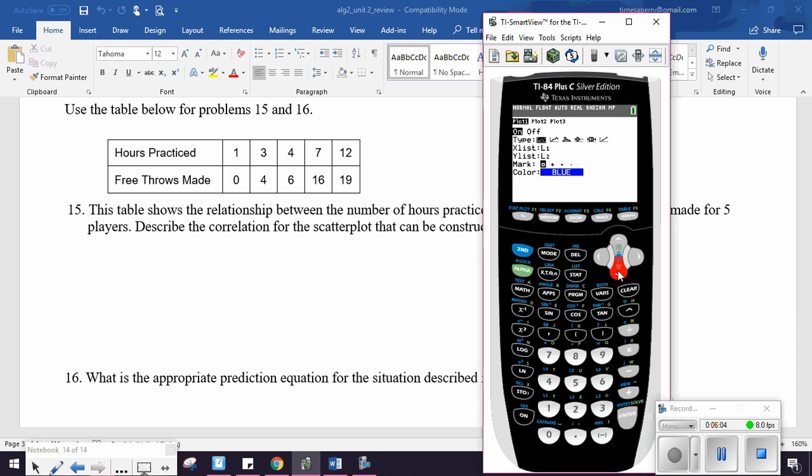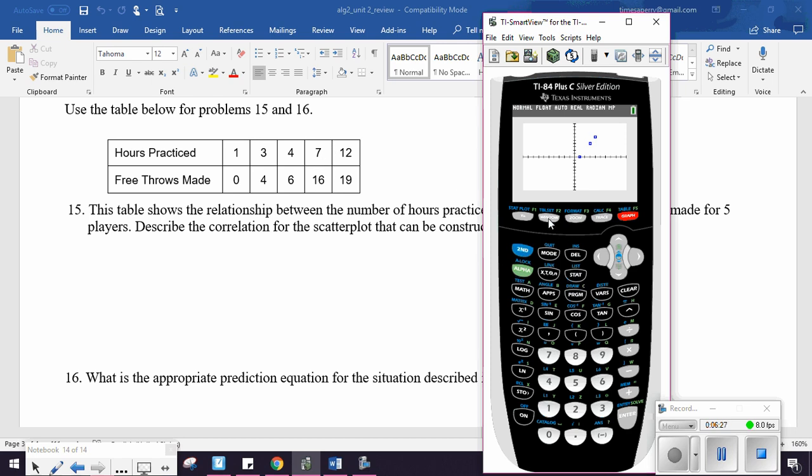Where are our x's? In list 1. Where are our y's? In list 2. Make sure you come over to y equals and make sure there's nothing there. There is, so let's clear that out. And now hit graph.